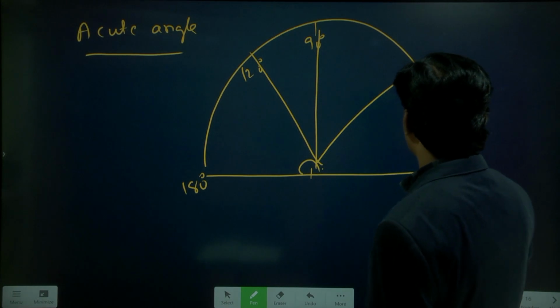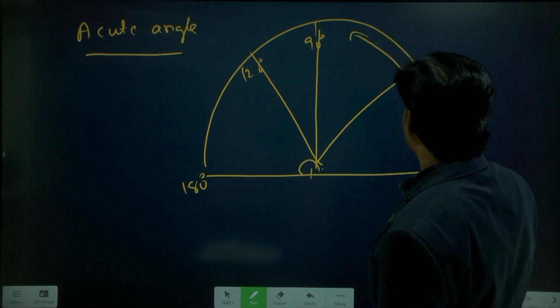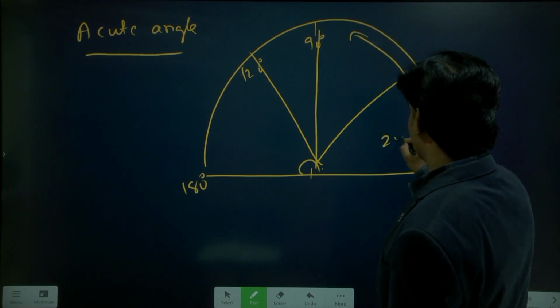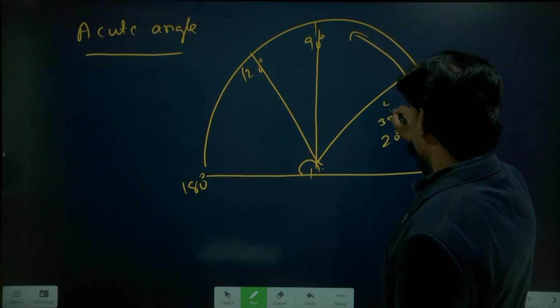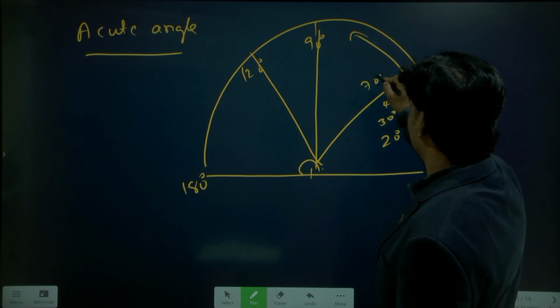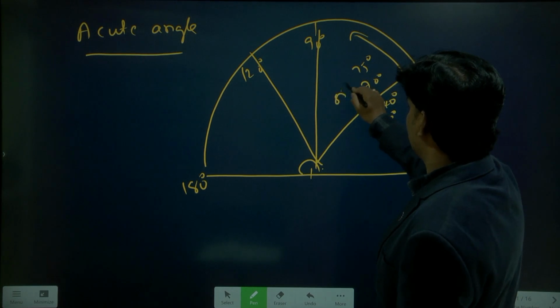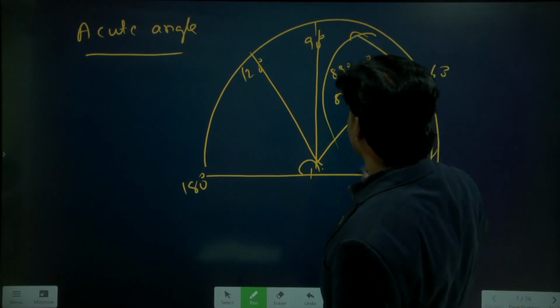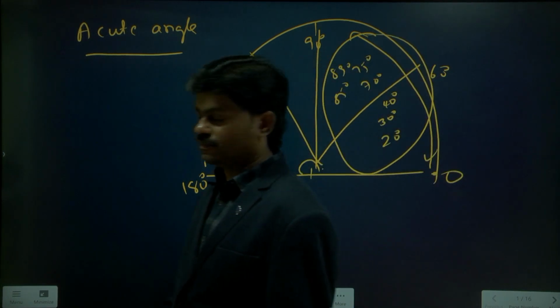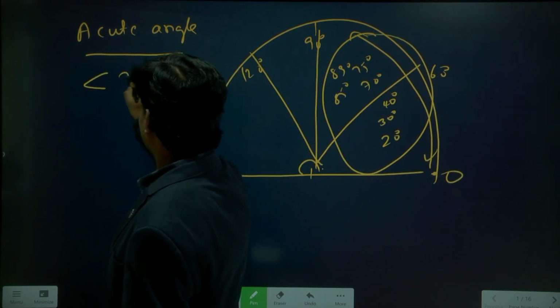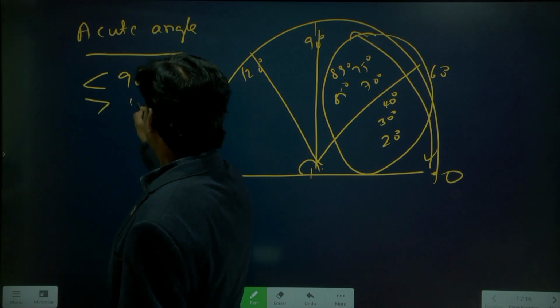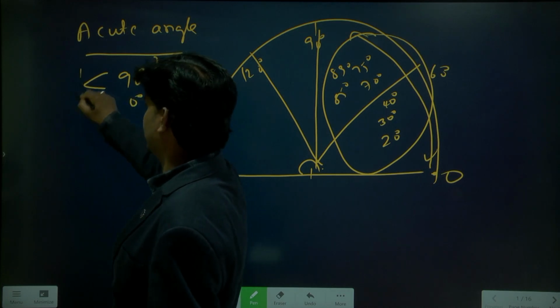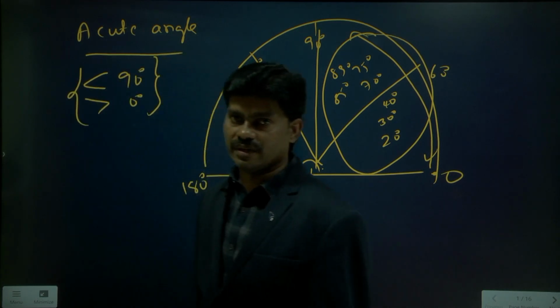That means all these angles are acute: 20 degrees, 30 degrees, 40 degrees, 70 degrees, 75 degrees, 85 degrees, 89 degrees. Less than 90 degrees, more than 0 degrees is called an acute angle.